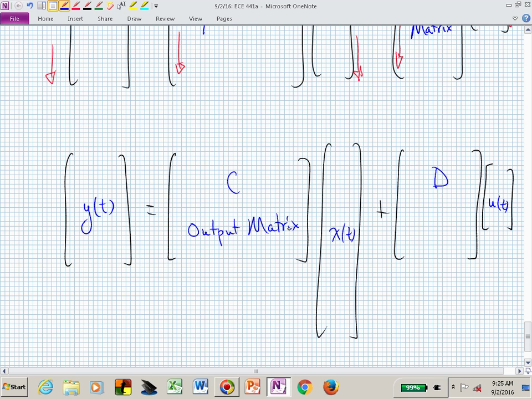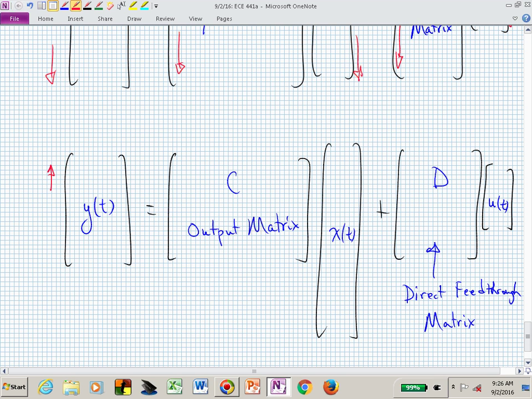This is our C and D. Our output matrix C, and D is our direct feed-through matrix. Once we have y, x, and u defined dimensionally, or how big they are, then C and D are determined or fixed.